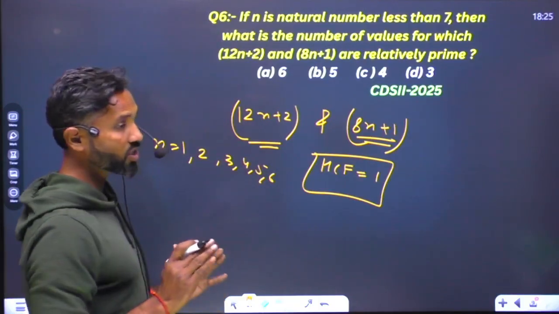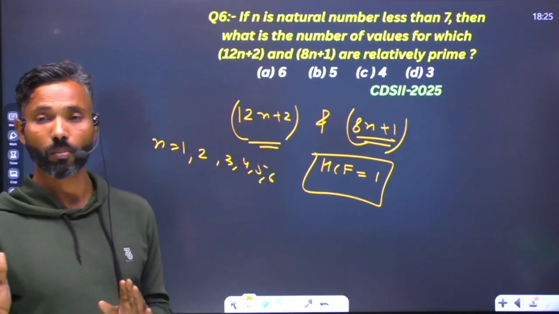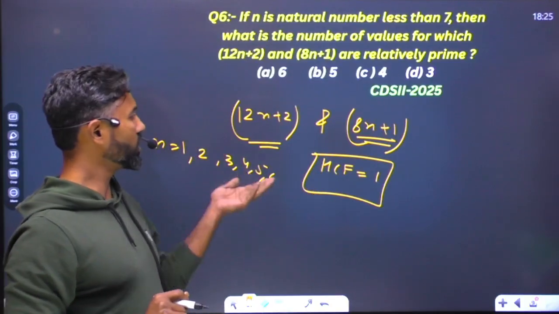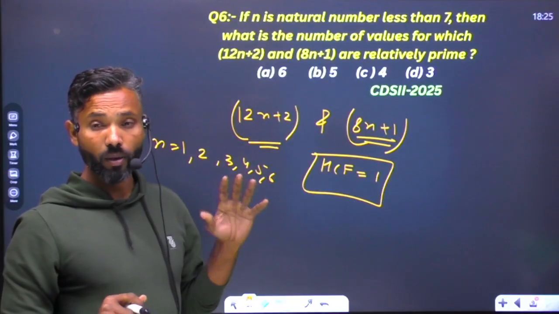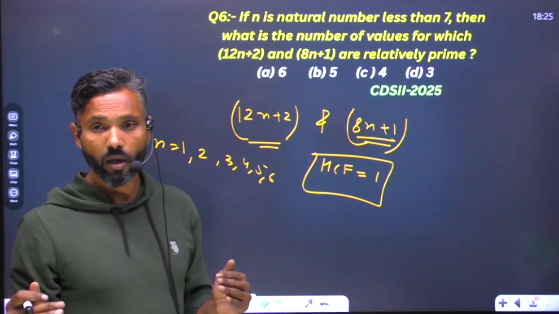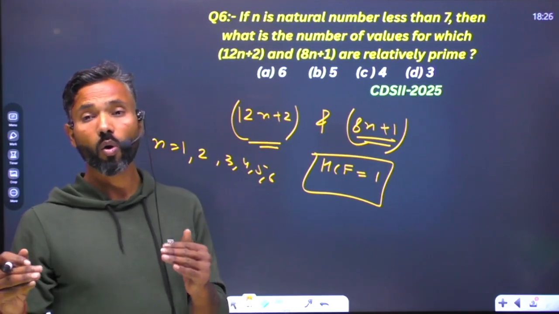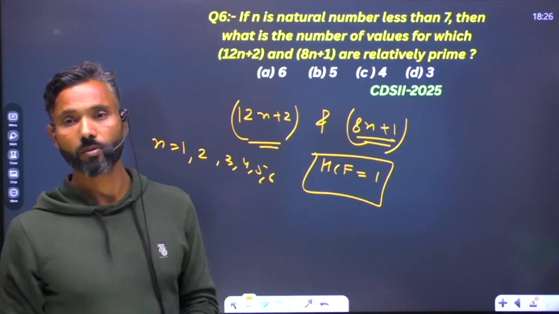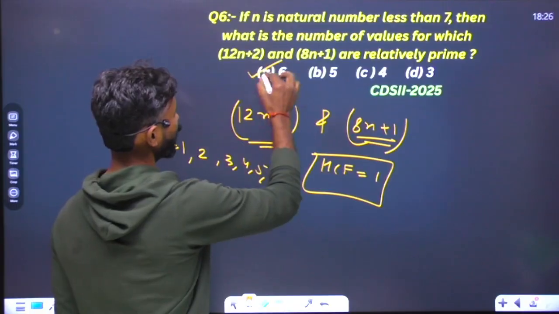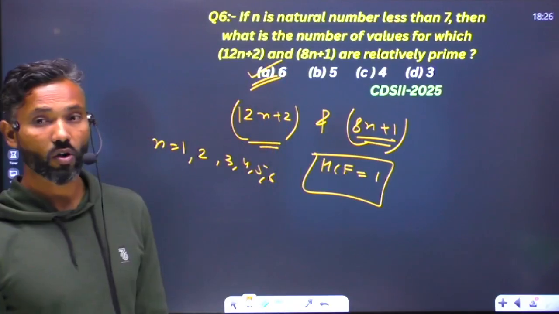You will get 6 different pairs of relatively prime numbers because HCF is already 1. Just changing the values, the pairs are not going to change their property. They will remain relatively prime for all 6 values of n. So total possible values of n are 6. This is the answer of this particular question.